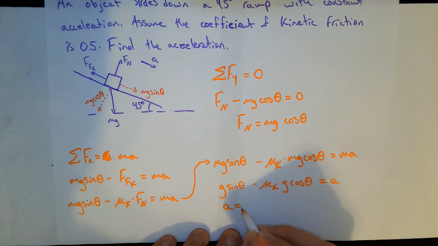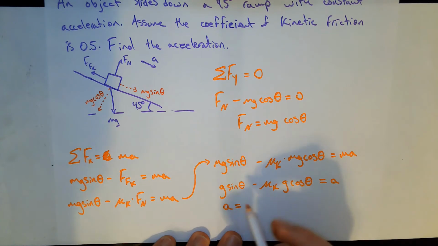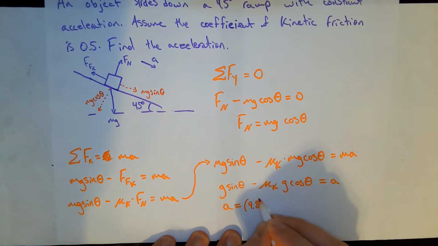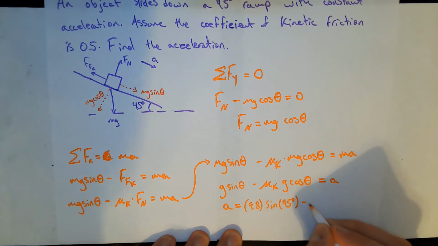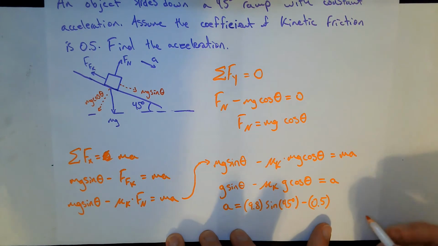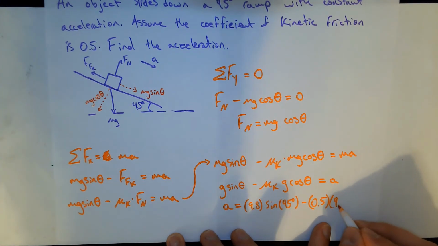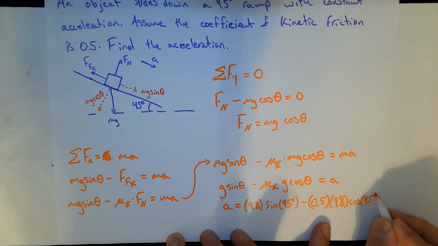I'll flip it over. Let me just write the a on this side. g is 9.8, then sine of 45 degrees minus mu sub k, which is that 0.5 coefficient of kinetic friction, then times 9.8, and then cosine 45 degrees, there we go.